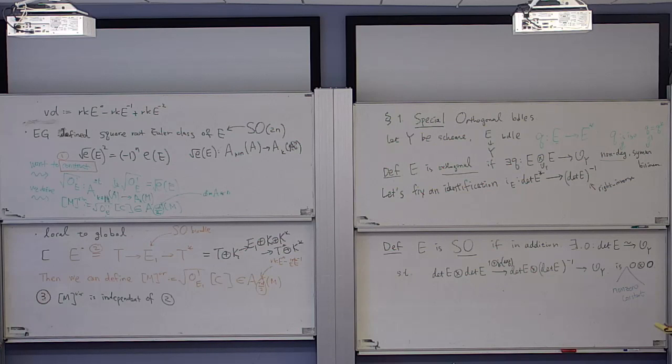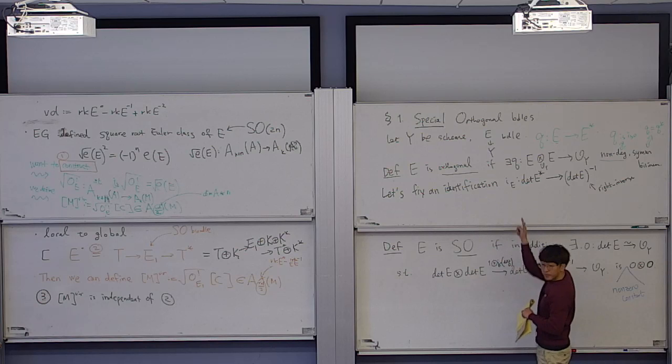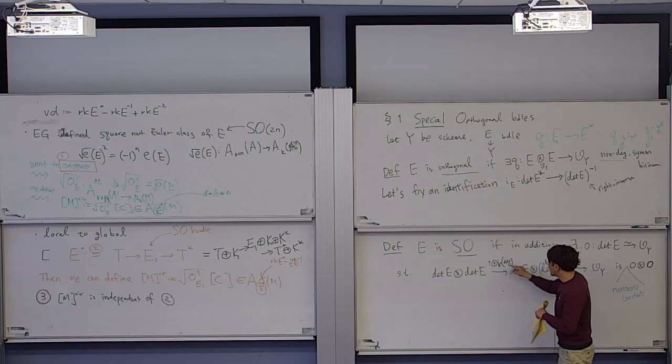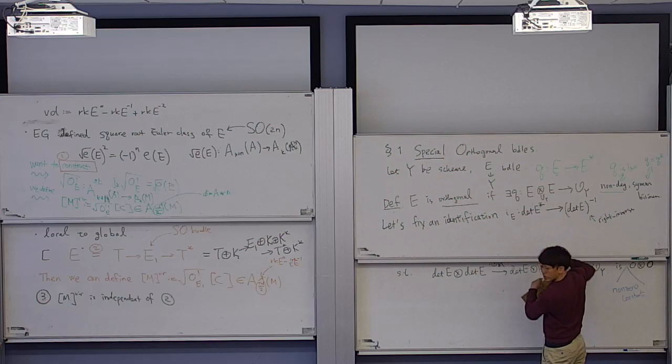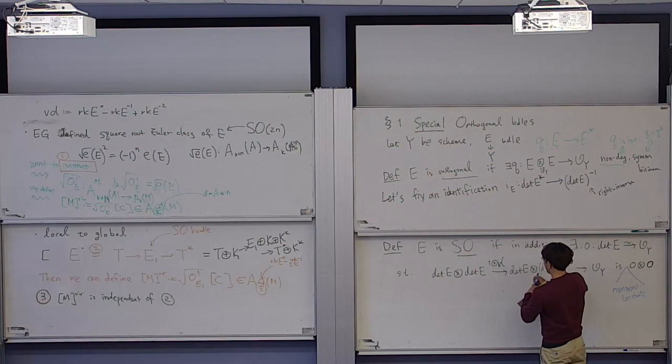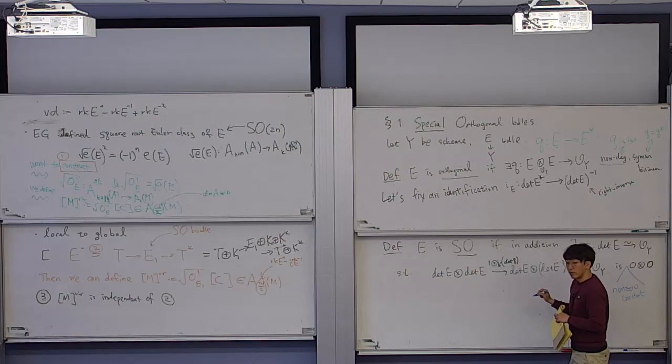The orientation is in the brackets over the arrow, tensored with the determinant of Q. Where does the orientation go? At the end of the sentence.